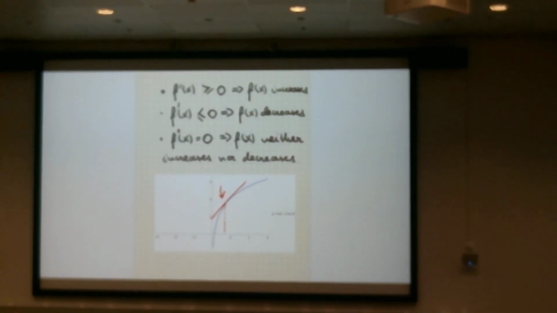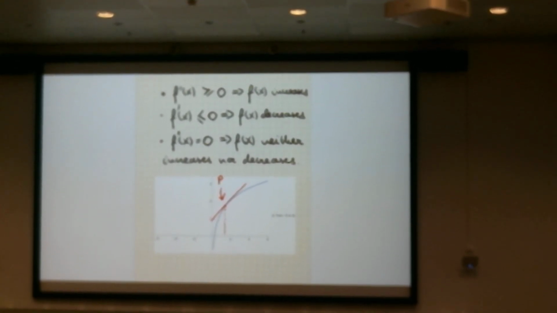And let's say I draw a tangent line here, right? What can we say about the slope of a red line without knowing how big the slope is? But just from this picture, what can we say about the slope? Positive, yes, positive.